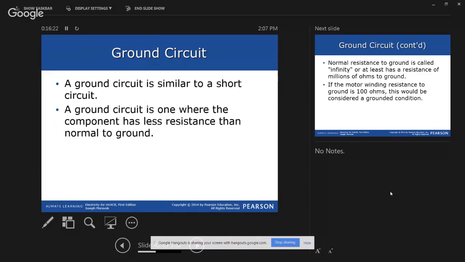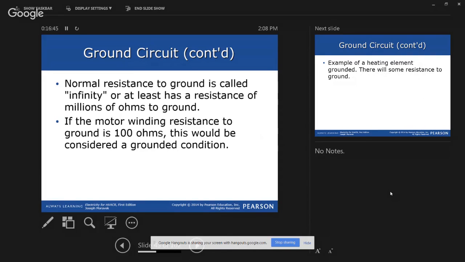It can short in the windings, or that same action could cause it to short to the frame. In our AC motors, the coils are on the exterior of the motor, so that gives us the ground fault right there.